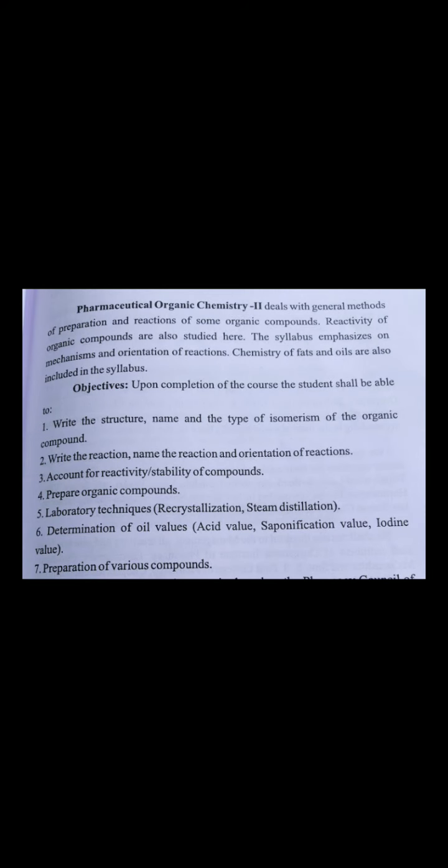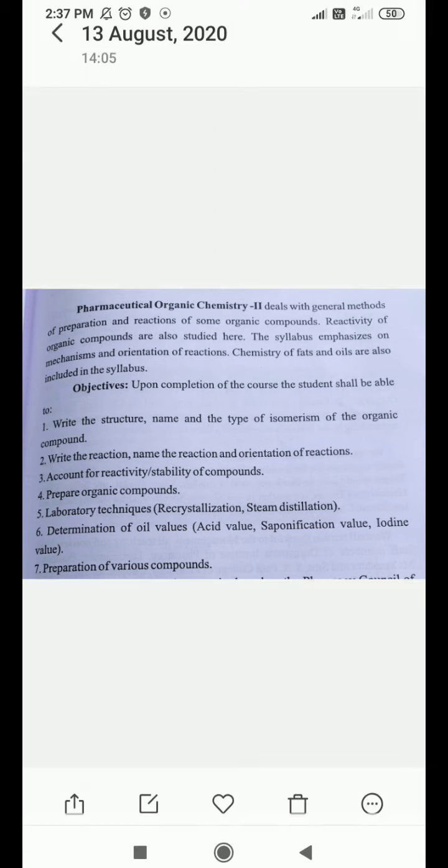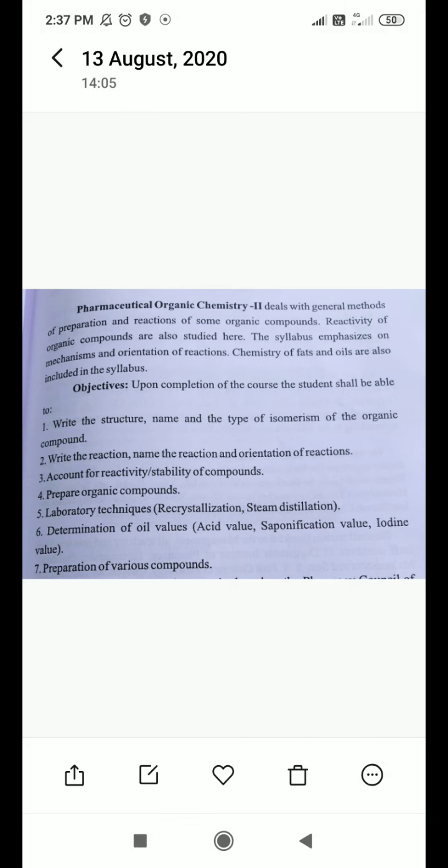Then we will learn about the syllabus of our pharmaceutical organic chemistry part 2. After completing the whole syllabus of this subject, you should understand the structure, name and type of isomerism of organic compounds. You will understand the different reactions, names of reactions, orientation of reactions, and the reactivity, whether a compound is stable or unstable.